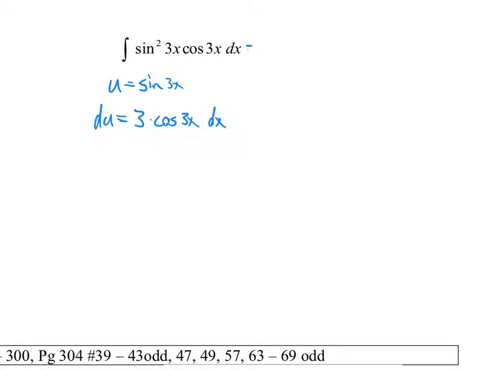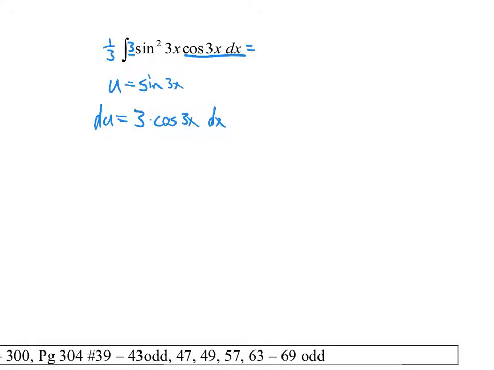If you look, you have most of the du here, but you're missing the 3. So you can see here they put a 1/3 on the outside so that they could put a 3 on the inside. Really what we're doing is we're multiplying by 3 over 3. 3 over 3 is just 1, so we put the numerator on the inside, and we put a 1/3 on the outside.